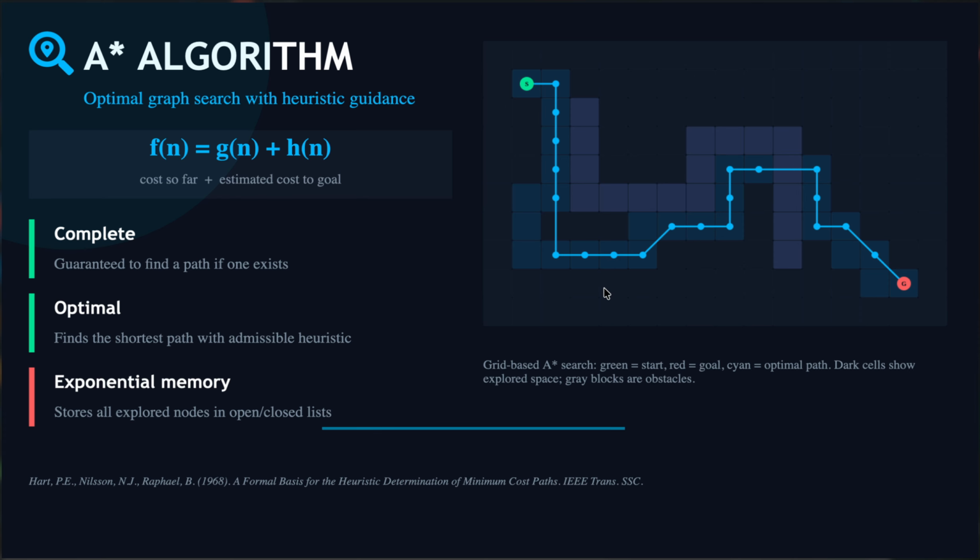So now let's talk about the A-star algorithm, which is basically an optimal graph search with heuristic guidance. As you see in the formula here, f(n) = g(n) + h(n), which is basically the cost so far plus the estimated cost to the goal. The A-star algorithm guarantees that it finds a path if one exists, and it does so while finding an optimal shortest path.